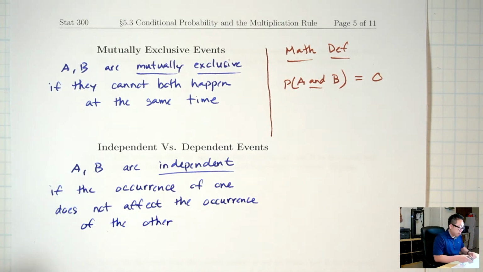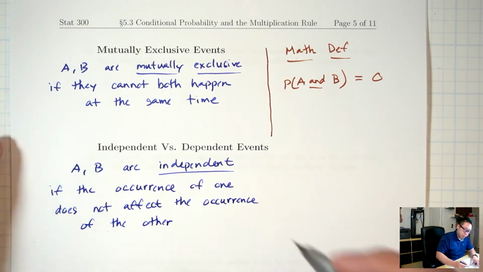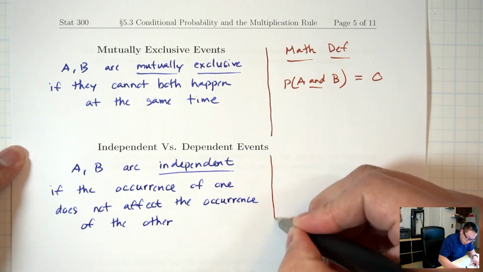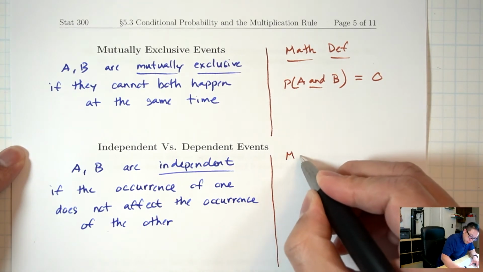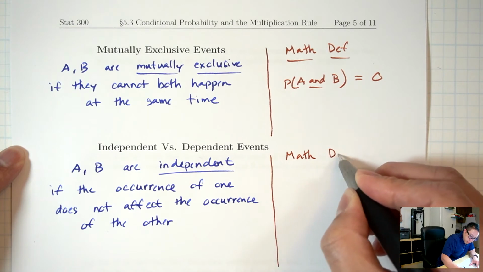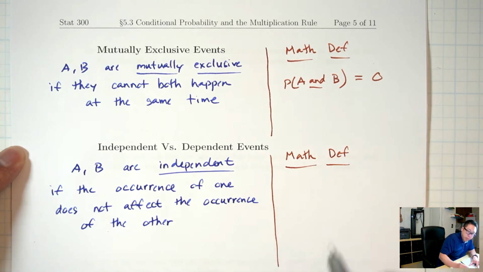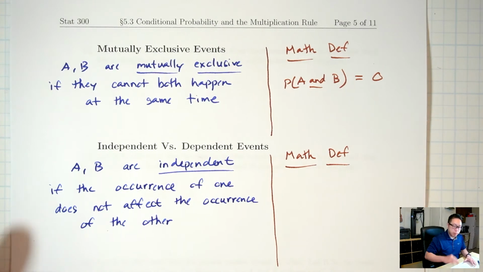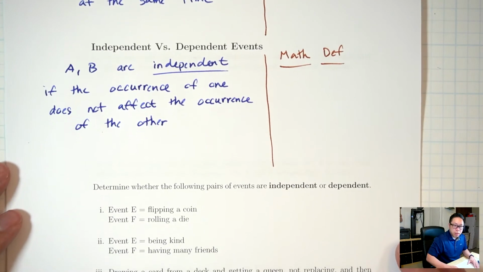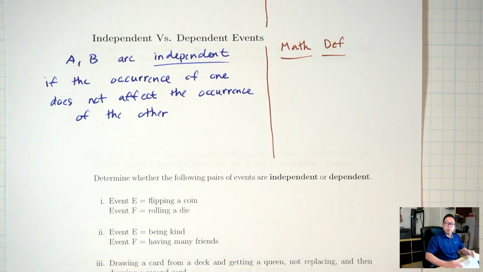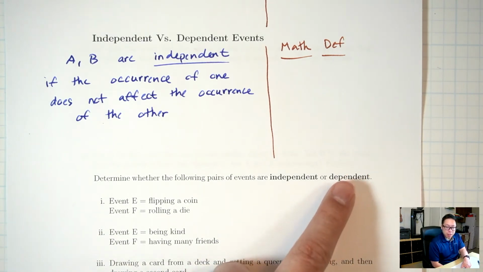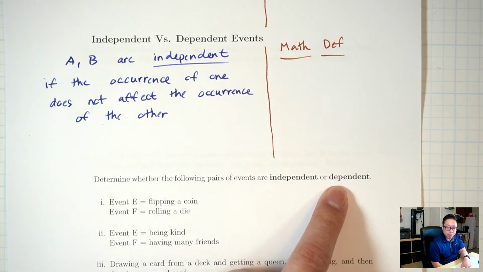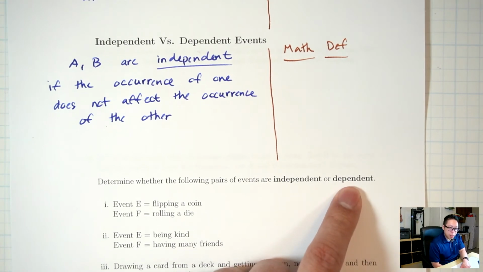Then we also have a math definition to check. And before I get to the math definition, let's actually talk about some examples first. So for each pair of events, we're going to decide whether they are independent or dependent. Dependent is the same thing as not independent. I'm going to use the words not independent instead of dependent.